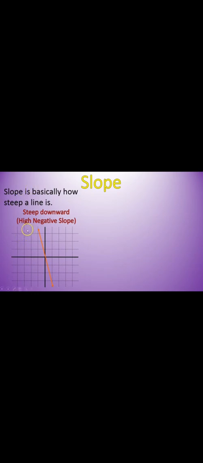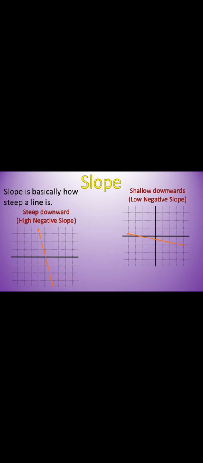Two other ways that you could classify slope: a steep slope going downwards, and by downwards I mean when you're moving from left to right, starting here going that way, you would go down, and that would have a negative slope, or you could have a shallow negative slope.